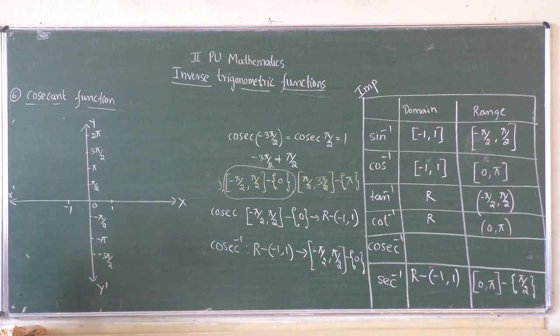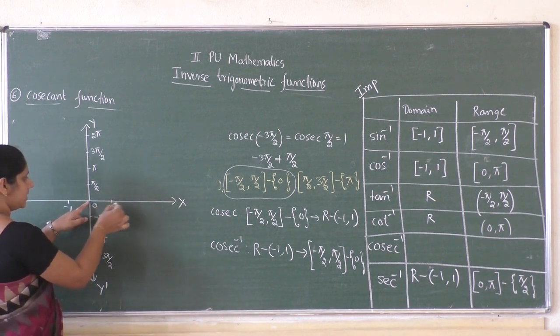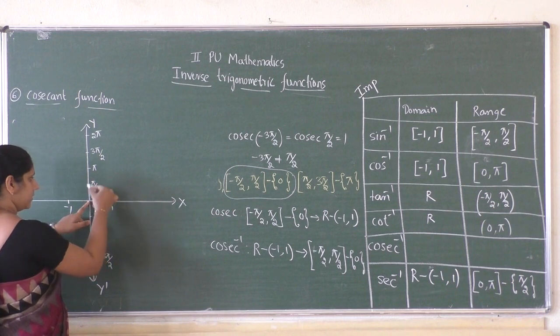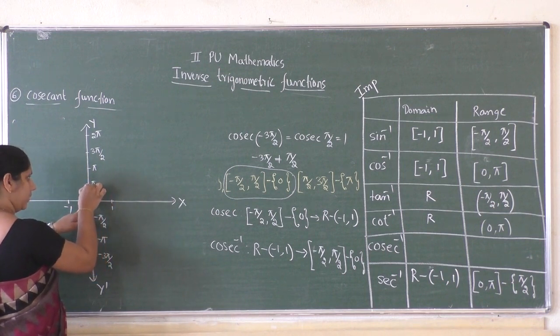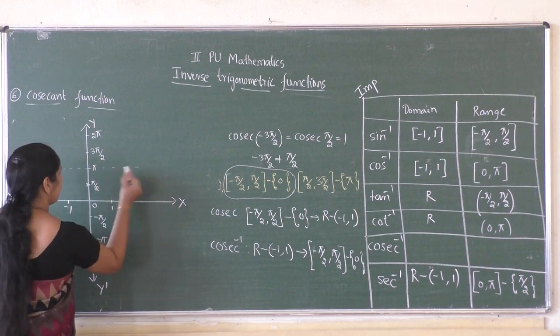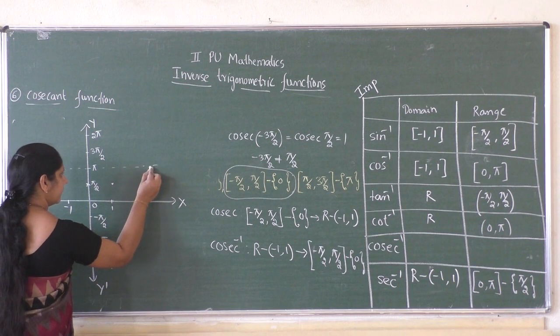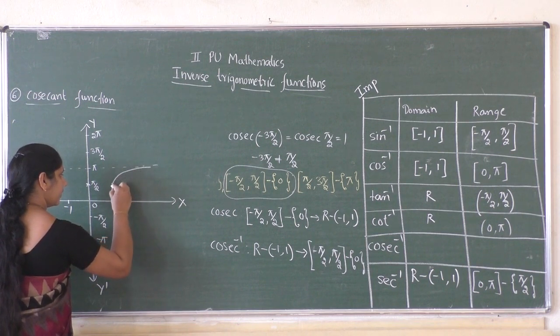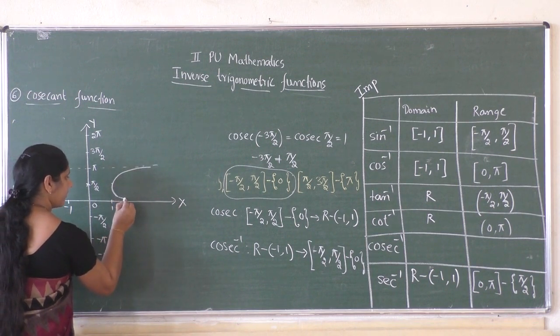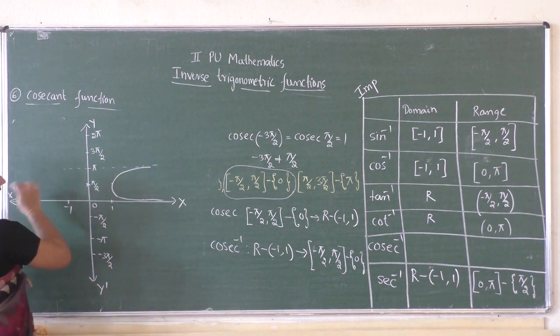Now, just to tilt the graph: what is the value of cosec 0? It is infinity, whereas cosec pi by 2 is 1, and again at pi infinity. So the graph will become like this.